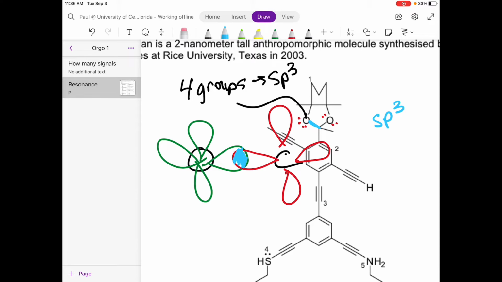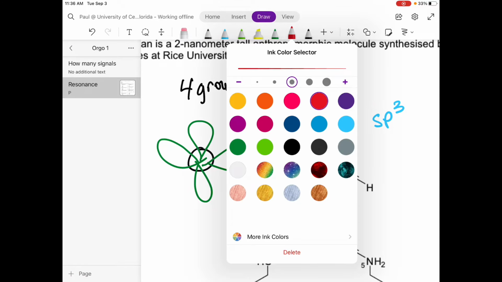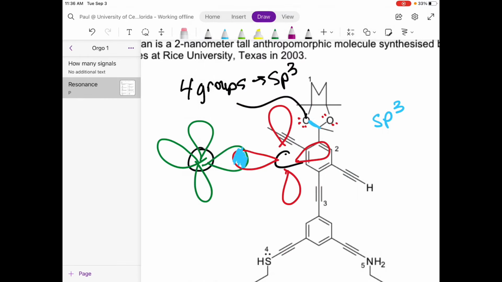And then the oxygen atom right here, let's find a different color. Now look at this. This oxygen atom right there has a bond to another carbon. So we could represent that orbital right there.